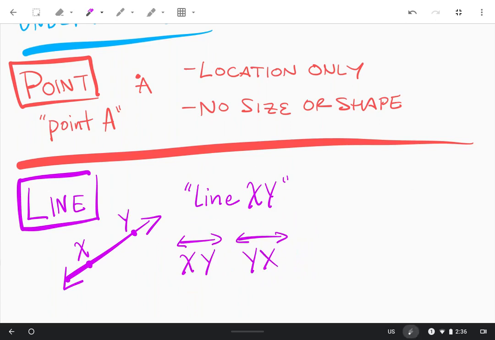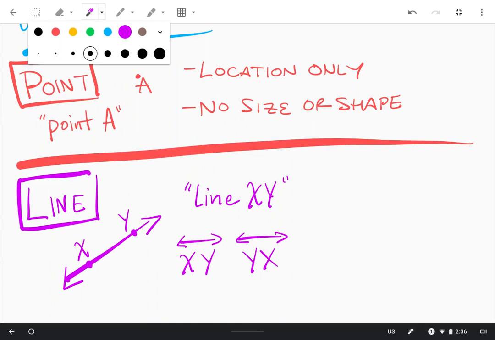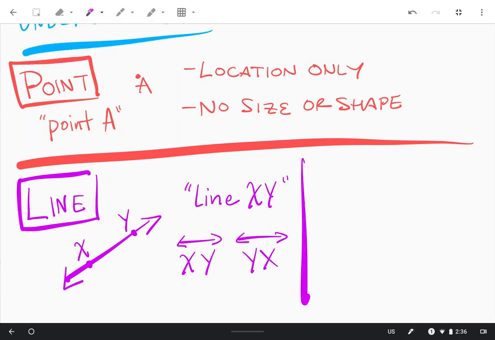So most lines are going to be written with that kind of notation and with this kind of diagram. Now, in some cases, you will have lines that do not have any points. They will just have a small lowercase letter kind of on the end near one of the arrows.